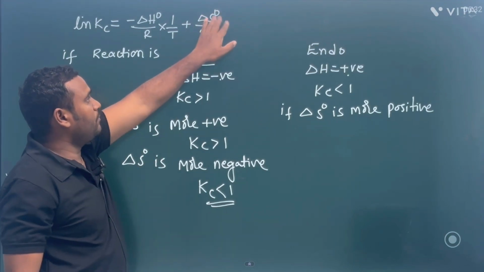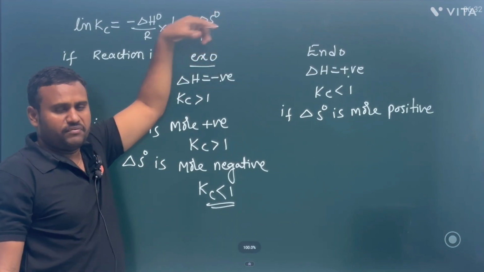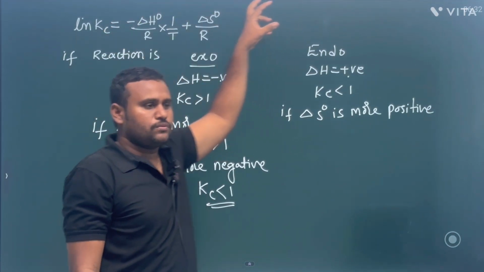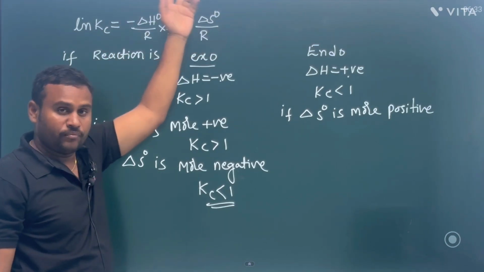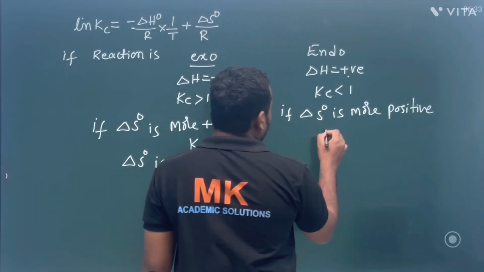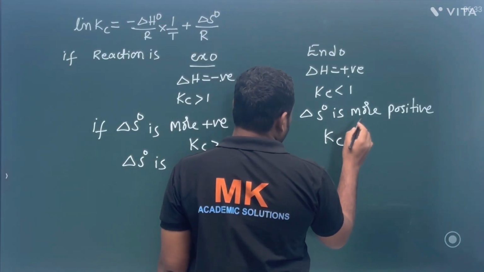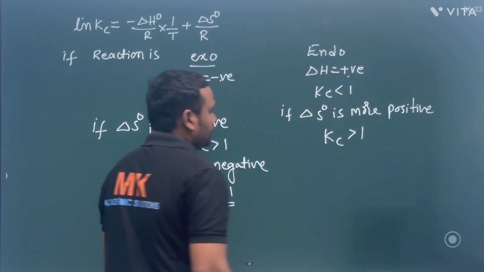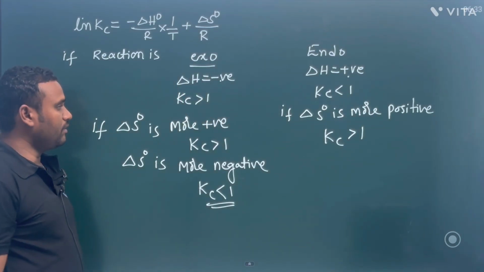But here one more term also is there, delta S naught. If delta S naught is too much positive, so that this negative also will become positive, then that time Kc is greater than 1, equilibrium constant greater than 1 we will get.